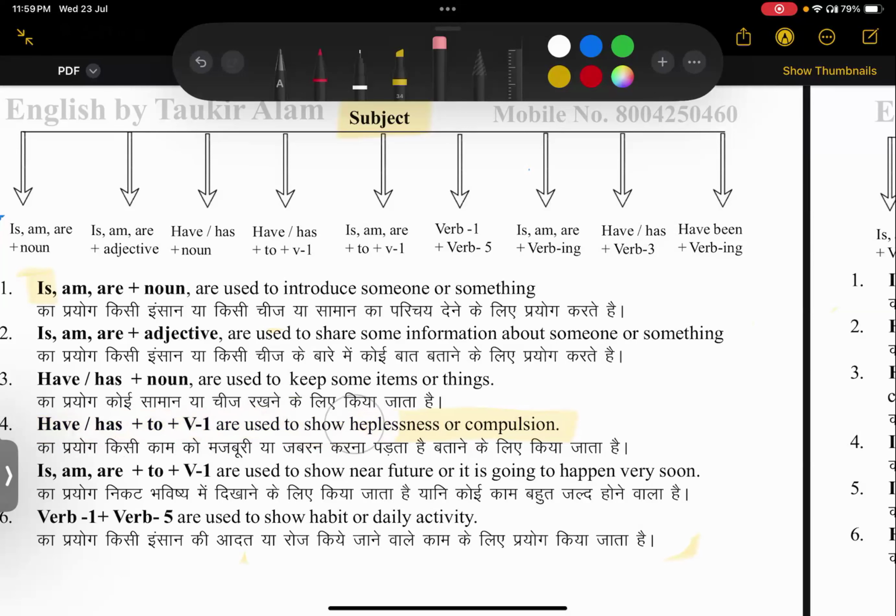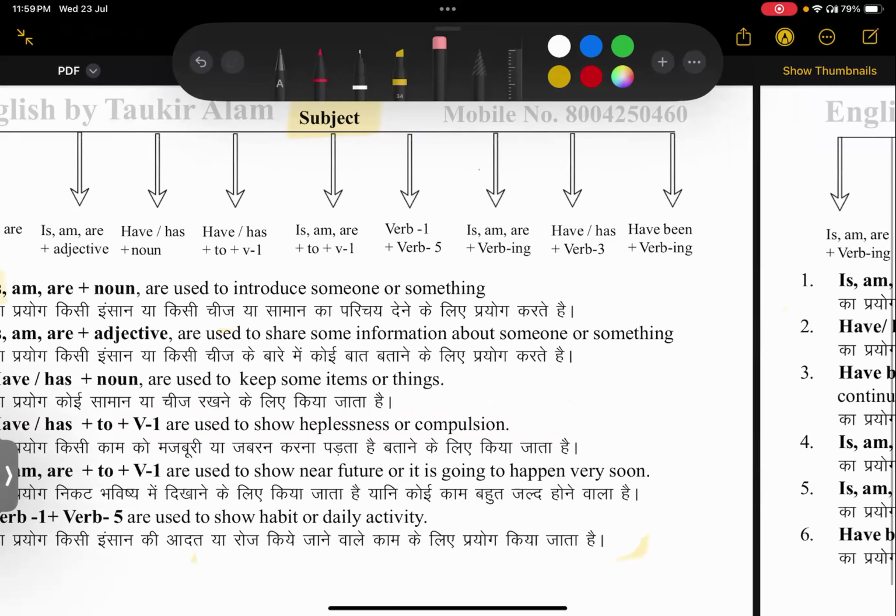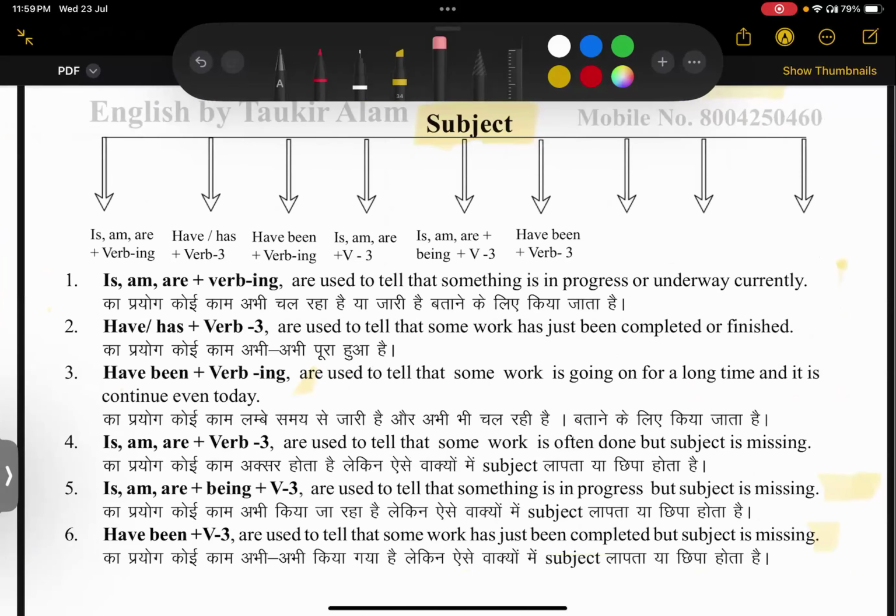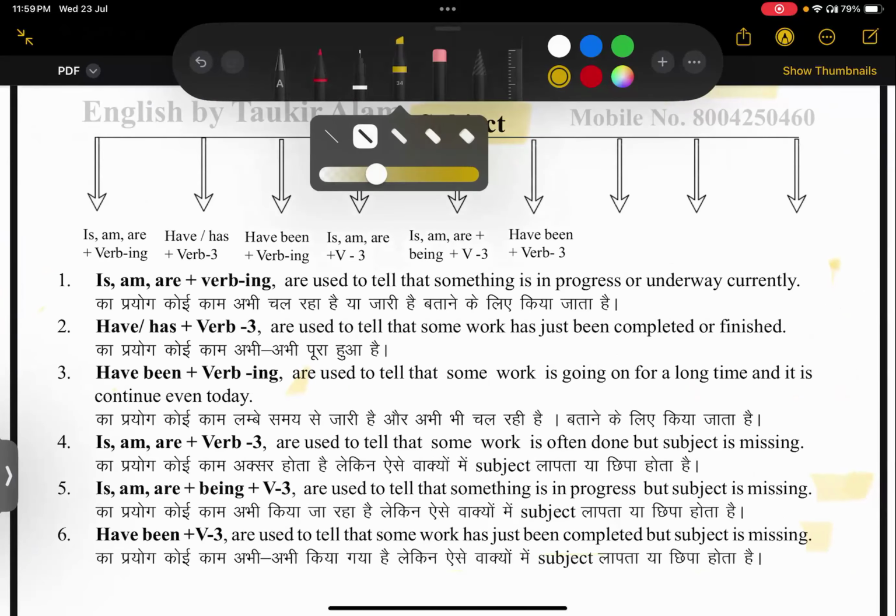Have/has plus to plus verb in first form is used to show helplessness, that I am helpless to do something. Have/has plus verb in third form is used to tell that some work has been completed or finished very soon. And have been plus ing form means something is in continuous mood for a long time.